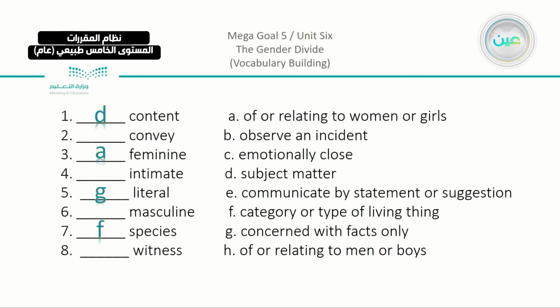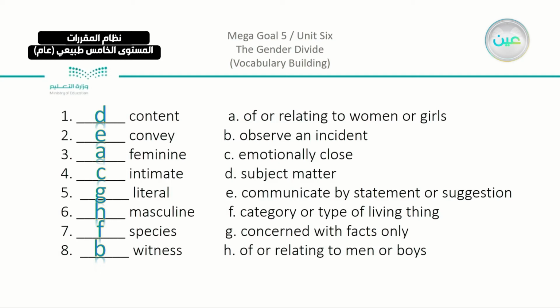Species with F, which is a living thing. C, intimate, we have here emotionally close. B, witness, to observe an incident. E, convey, which is to communicate by statement or suggestion. And H, masculine, relating to men or boys.